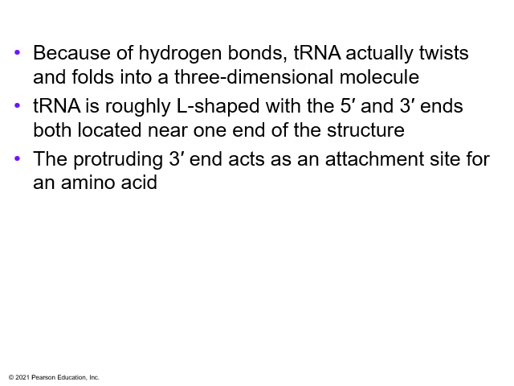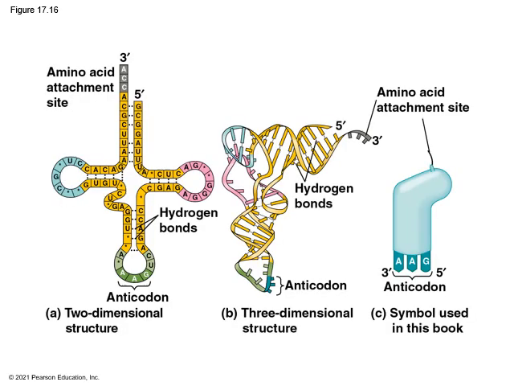Remember, shape dictates function. When we draw it out, we humans are simple-minded. So we draw out this clover leaf looking thing you see over here, and down here, the anticodon.